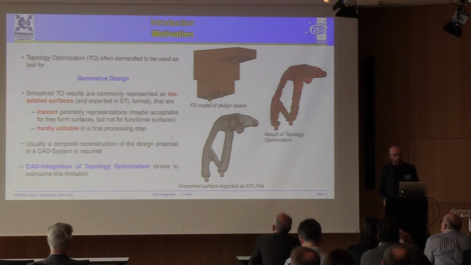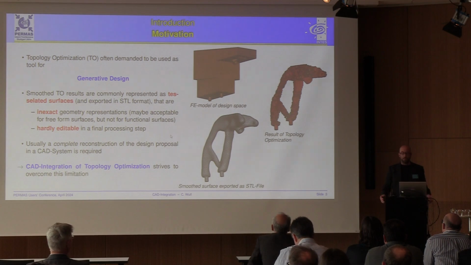One is that this representation of the results of a topology optimization is inexact. This may be acceptable for free-form surfaces, but definitely not as a representation of a part design for functional surfaces, such as flanges or bearings or boreholes and so on.